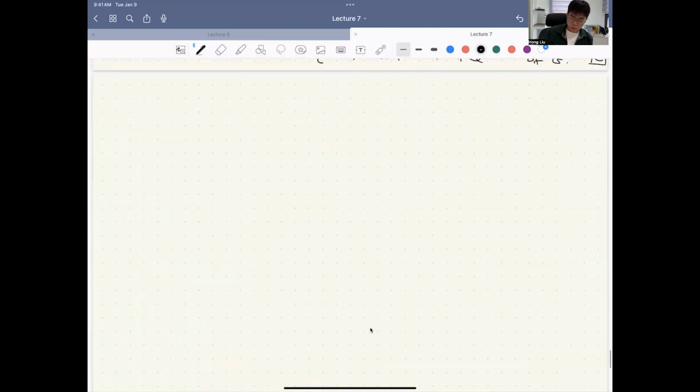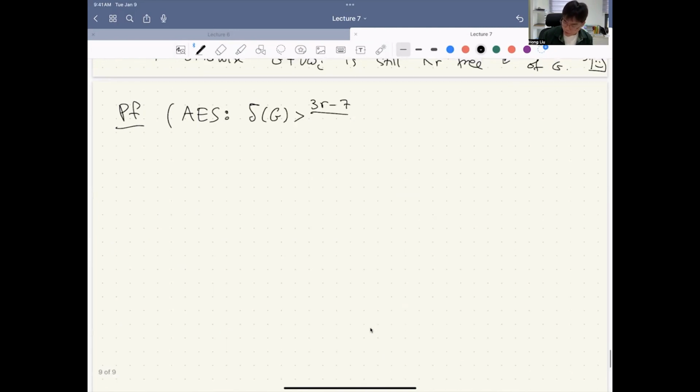So we're going to prove this theorem of Andrásfai, Erdős and Sós, which says that if your minimum degree of G is bigger than (3r minus 7)/(3r minus 4) times n, and you are KR free, then you must be r minus 1 partite.